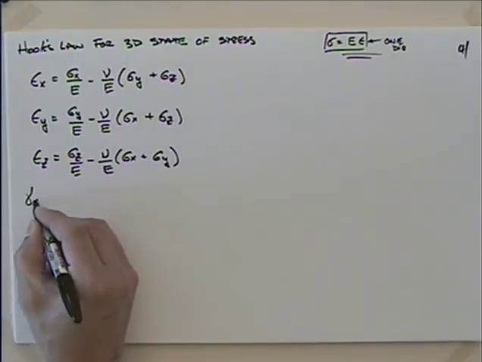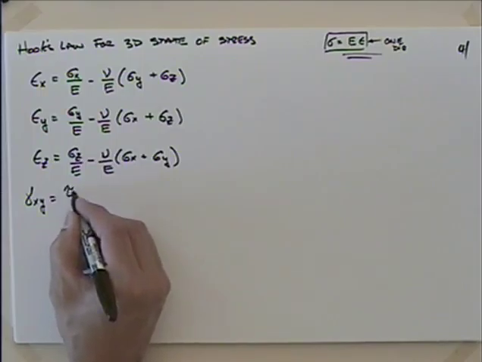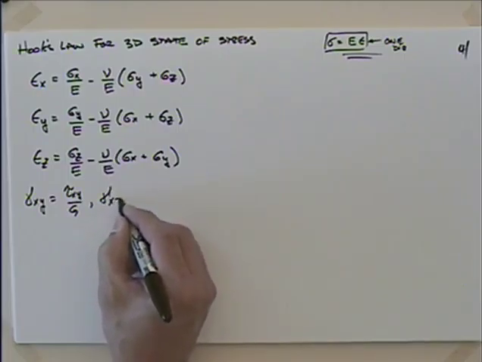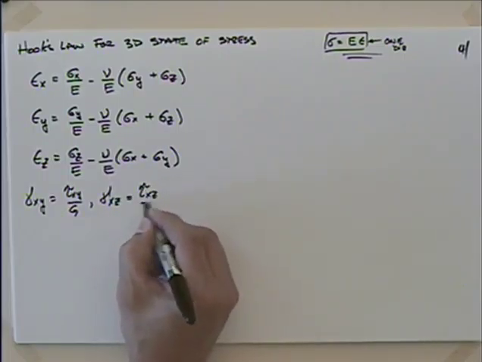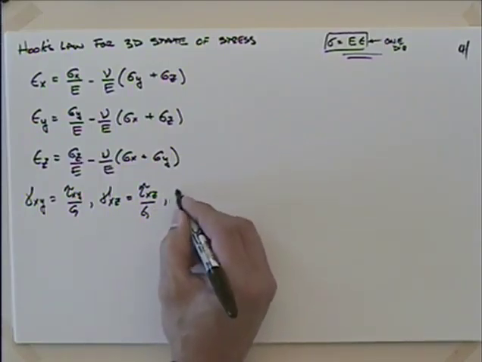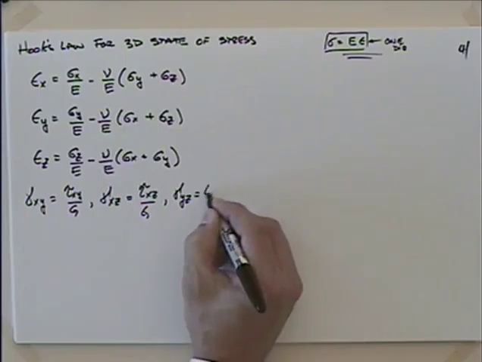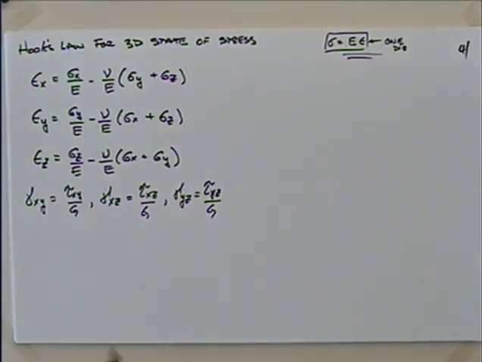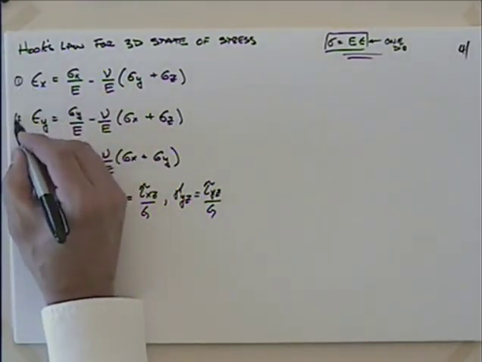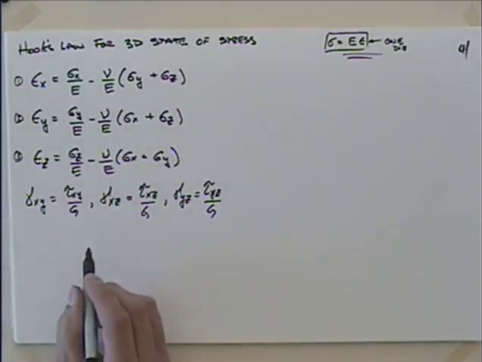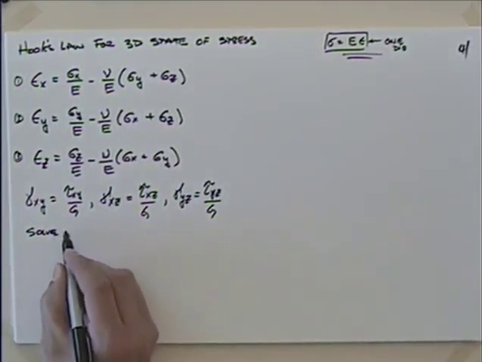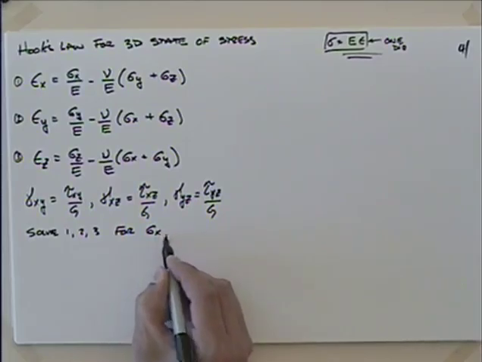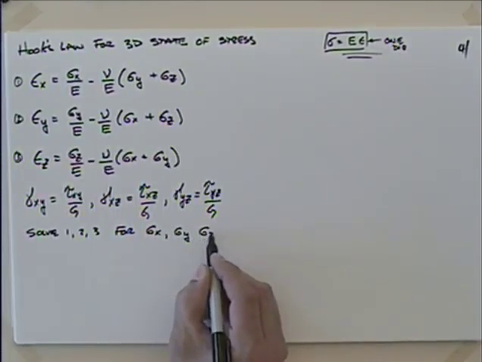If I have gamma xy, that would be tau xy divided by the shear modulus of elasticity G, and gamma xz would be tau xz divided by the shear modulus of elasticity G, and gamma yz would be equal to tau yz divided by the shear modulus of elasticity G. Now if I take these three equations, 1, 2, and 3, and I recombine, solving 1, 2, and 3 for sigma x, sigma y, and sigma z.